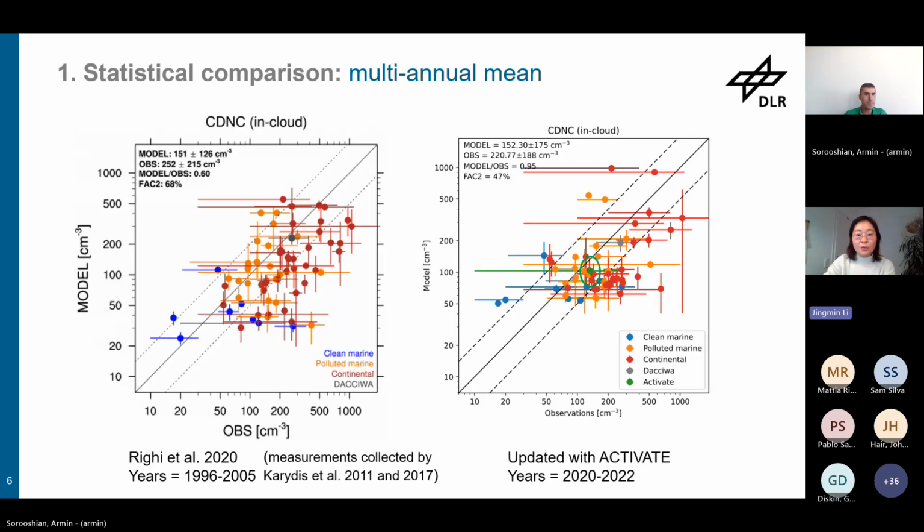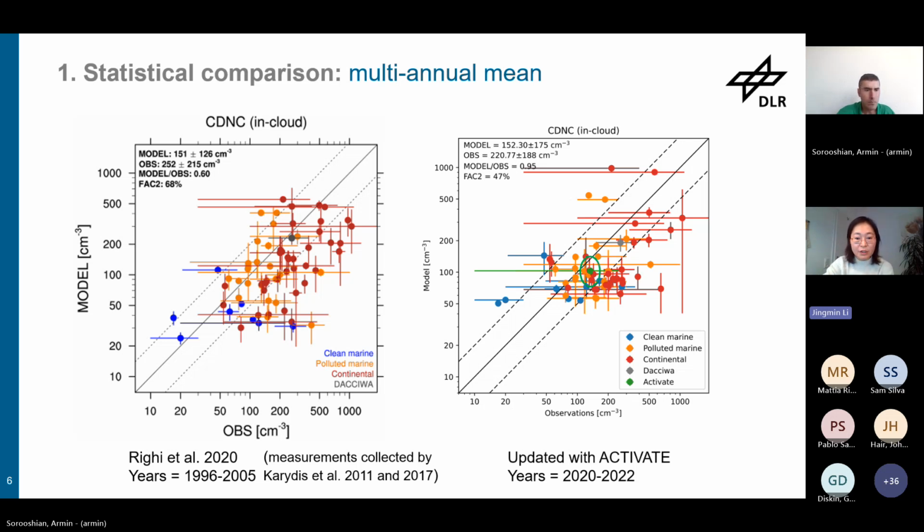Now here we are looking at the results. Let's first have a look at the multi-annual mean of CDNC values. The left plot is our previous evaluation of model-simulated CDNC against many different observation data sets, as published in Ricci et al. 2020.